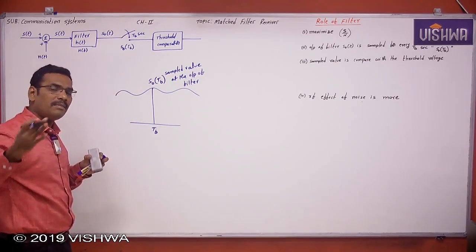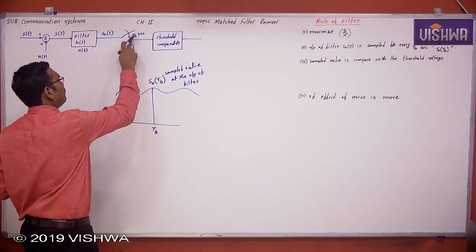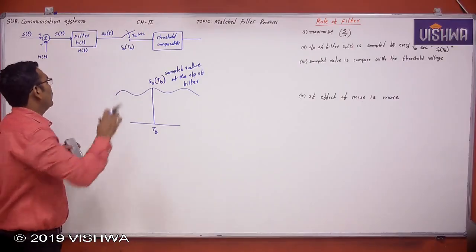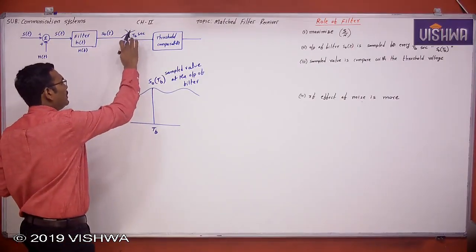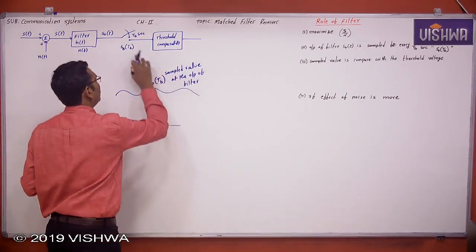After maximizing the signal to noise ratio, that signal is sampled at TB seconds, giving S0 of TB, the sample value at the output of the filter.